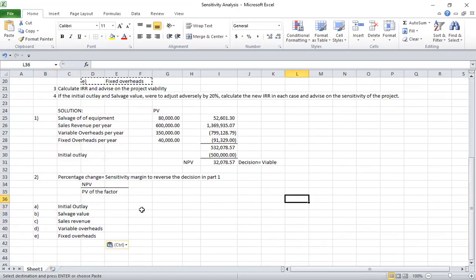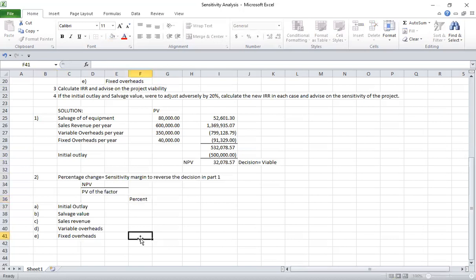So that for each of them, what we are looking for is what we are calling the percentage change. For us to compute it, this is the formula which we work with. So how does this formula work?